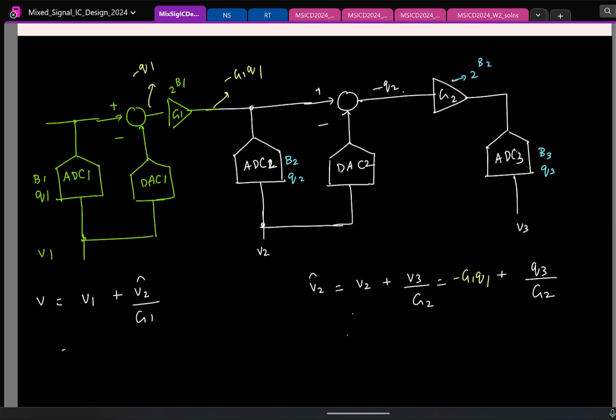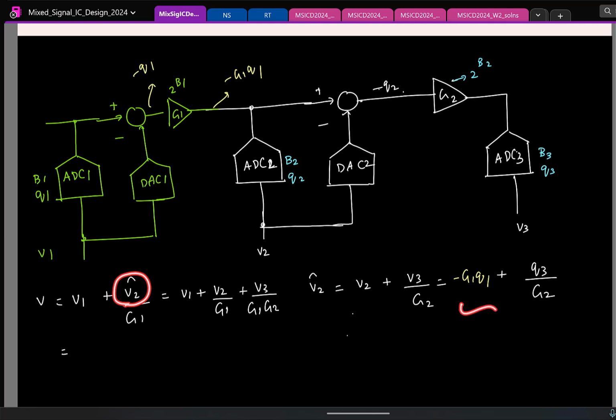So if I substitute this, I will basically have V1, and V2 hat is V2 plus V3 by G2. Fine. If I do that, what do I get? I have V1 plus this fellow by G1. Let me tell you in terms of V2, V3. Of course, I also know V2 hat in terms of the actual signals, right?